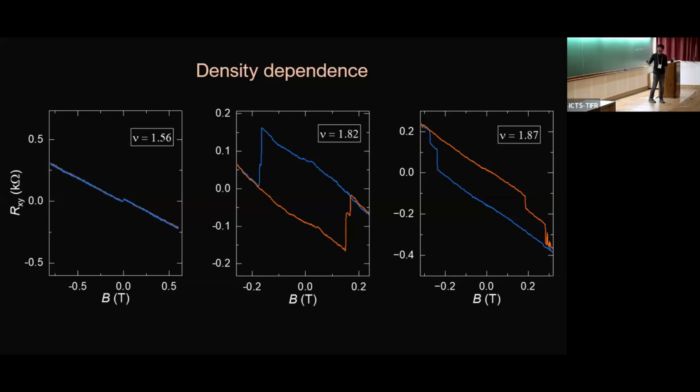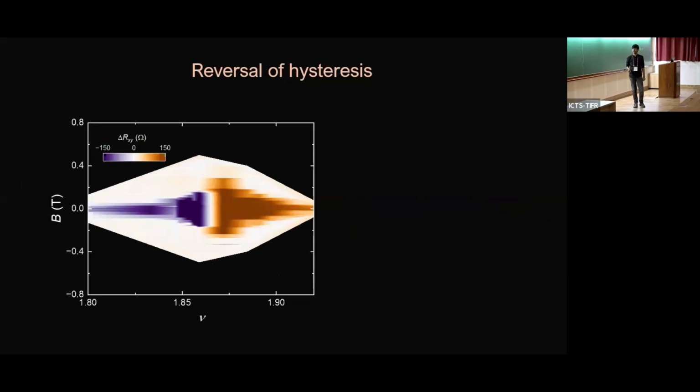Now if I plot delta Rxy, which is the difference between up and down sweep, as a function of magnetic field and filling factor, you can clearly see a sign change at around 1.87. The color goes from purple to orange. One of the ways to understand this data is that below a critical density, which is 1.86 in our case, you are in the K valley.